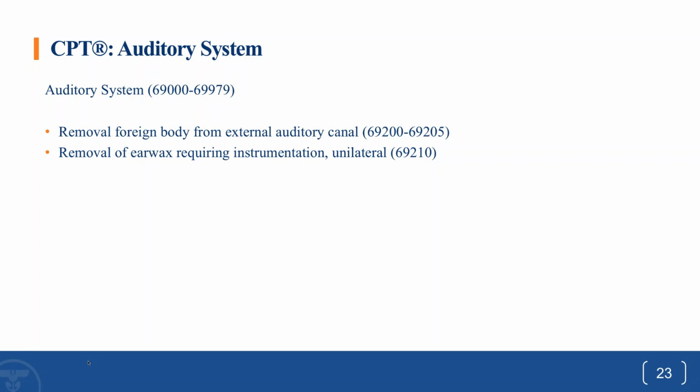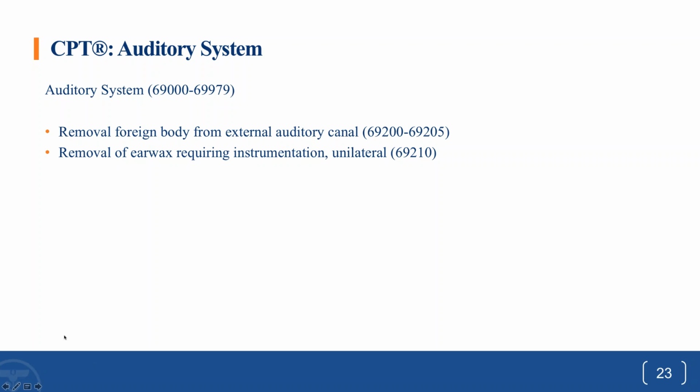Sometimes they'll ask questions. In ears, you have to think about common procedures. For me, I'm thinking about impacted cerumen, which is a buildup of earwax, on page 418, CPT code 69210. CPT code 69210 is the removal of impacted cerumen, right?